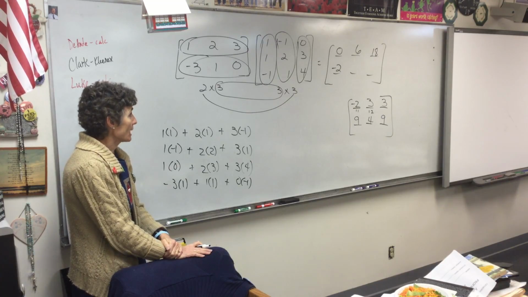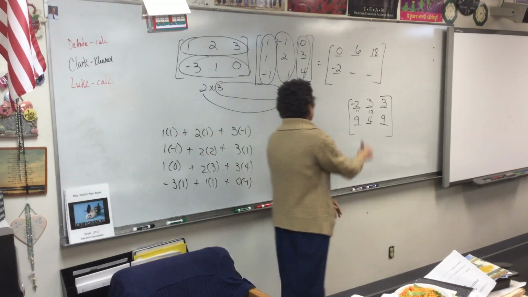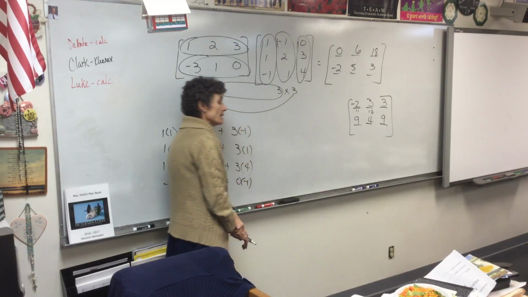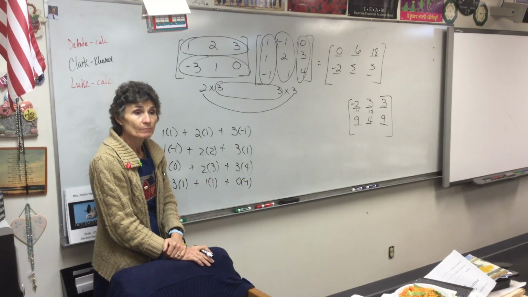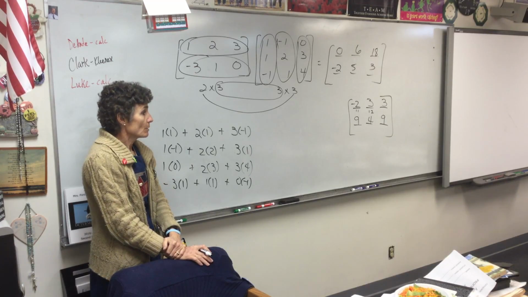What do you think for those last 2 spots? Avery, what'd you get? 5 and 3. Avery's got it. That's correct. 5 and 3. Anybody have a question about the 5 and 3? Pardon me? Yes. Okay.